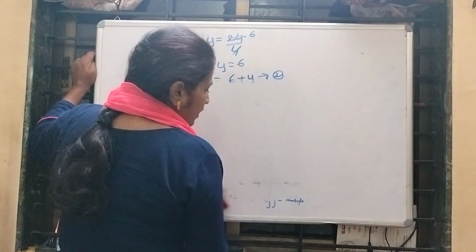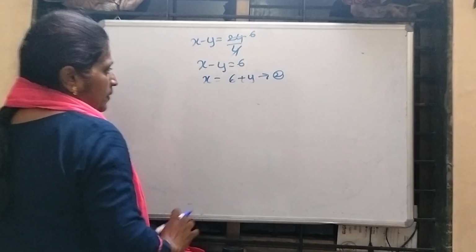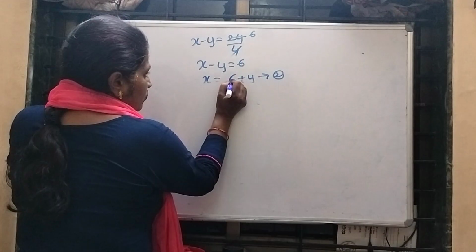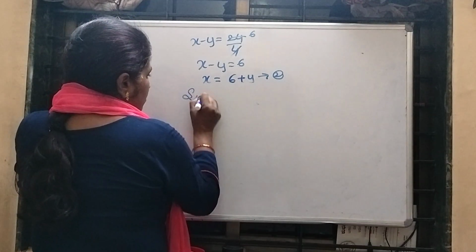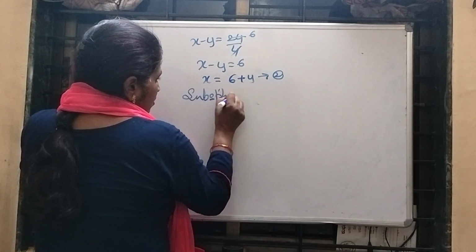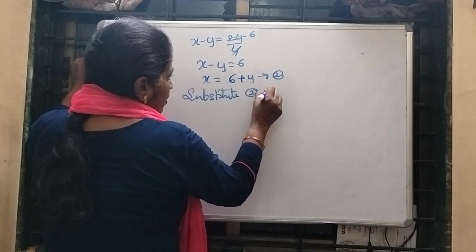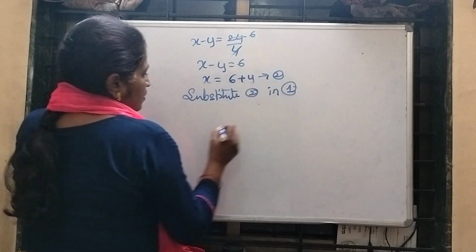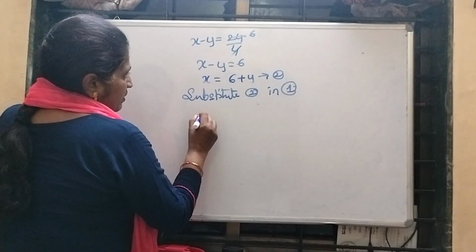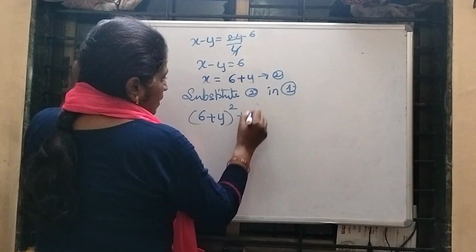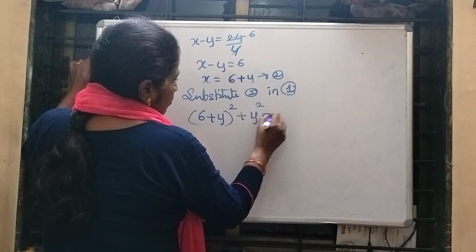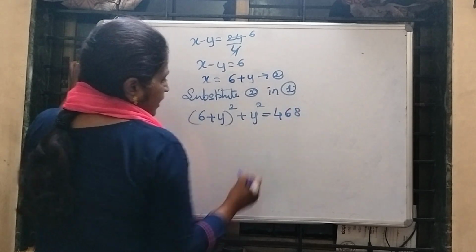Our equation 1 is x square plus y square is equal to 468. Substitute equation 2 in 1. So x square means (6 plus y) whole square plus y square is equal to 468.